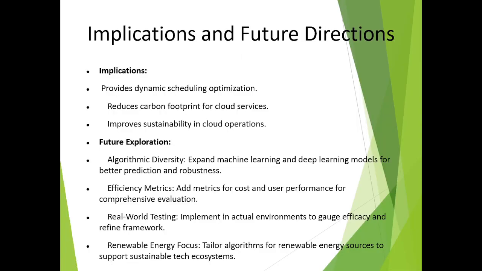So the implications, as I said, they provide dynamic scheduling optimization, reduces carbon. This project helps in reducing carbon footprint in the cloud services and gives an insight into the thinking that even minimization of energy consumption can also be used as a criterion for optimization of technology.